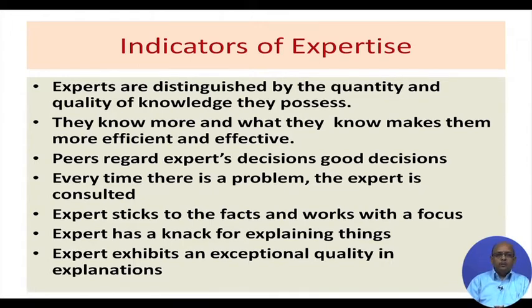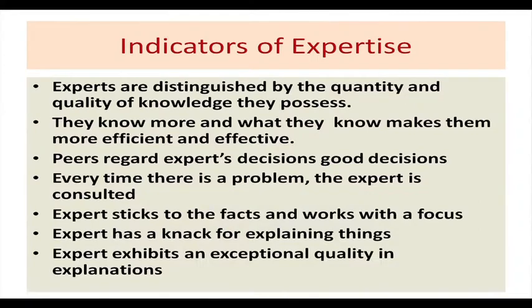Now, coming to the expertise of whom? The experts, because we have to identify and try to get knowledge from the experts, not from everybody, because it is the experts who have the quality of tacit knowledge. So, that is why we need to differentiate them from the normal persons, other persons who follow straitjacketed thinking, because experts are distinguished by the quantity and quality of knowledge which they possess.